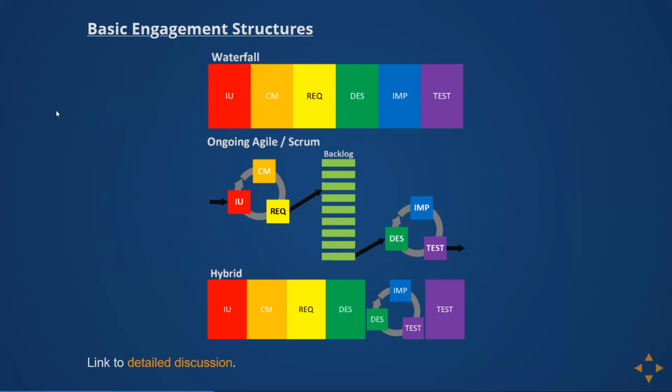Hybrid is when you're doing kind of design and implementation and even requirements at the detailed level on kind of an iterative discovery based way, but you're doing it in the context of a larger architecture.